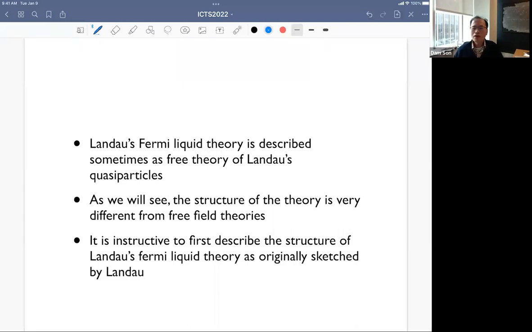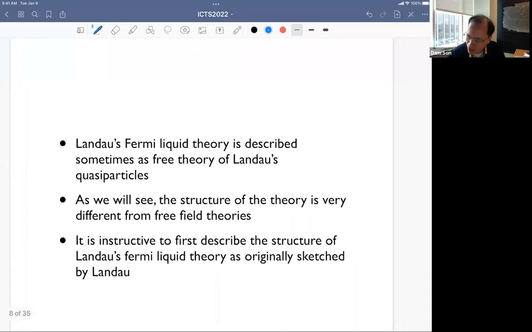It is instructive first to look at the structure of the Landau Fermi liquid theory as first proposed by Landau and described in many textbooks. And we will see why this Landau Fermi liquid theory is very different in structure from all other free field theories.